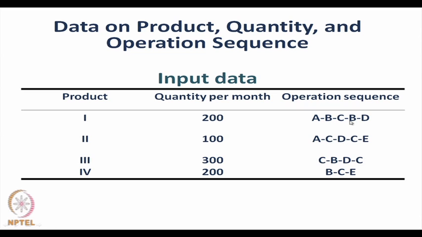Product 1 moves A, B, C, B, D, and after operation D is complete, the product is ready. Product 2 passes through A, C, D, C, E. Product 3, the sequence is C, B, D, C. Product 4, the sequence is B, C, E. So there are 5 departments or operations, but the sequence in which each product passes is different.